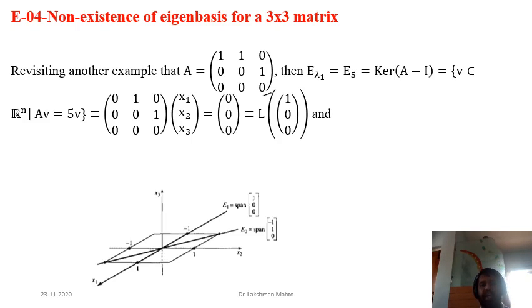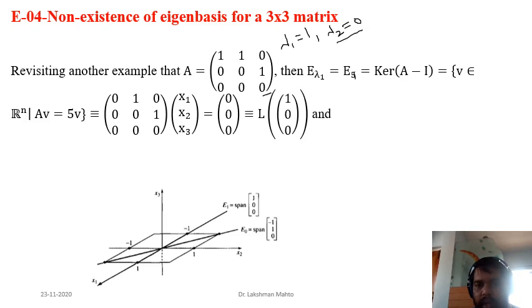If you try to find the eigenvalues of this one, it has two eigenvalues. The first eigenvalue is 1 and the second eigenvalue is 0. The algebraic multiplicity of 0 is 2, because it is coming two times.